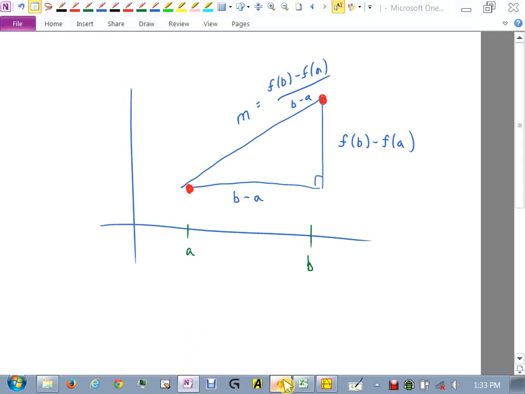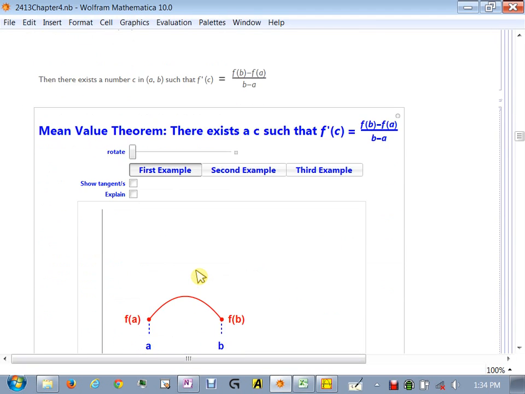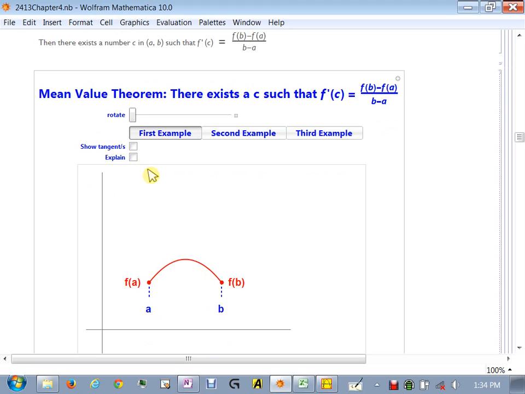So this new theorem is saying that if you're a continuous function on a closed interval and it's differentiable inside, no corners, no cusps, then somewhere inside the interval, there must be a place where the slope of the tangent line, f prime of c, is equal to the slope of the line connecting the 2 points. So here's the example. See that? That's Rolle's theorem, though, isn't it? Because these are the same value, aren't they?